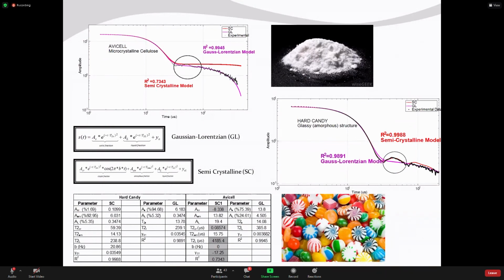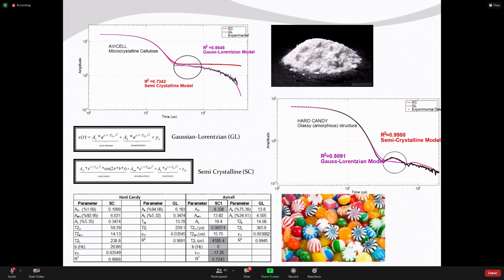And amorphous materials have the ability to absorb moisture quickly, and that can result in stickiness. On the other hand, if a hard candy is breaking up very quickly, that means it is very brittle, so the degree of amorphicity is quite high. That is why it is breaking up quickly.